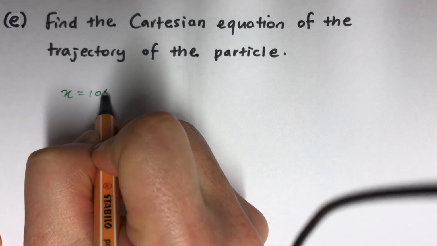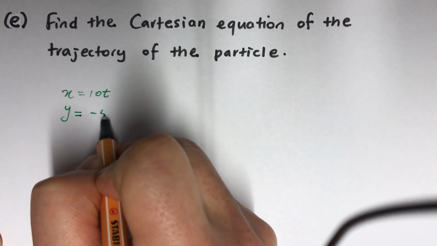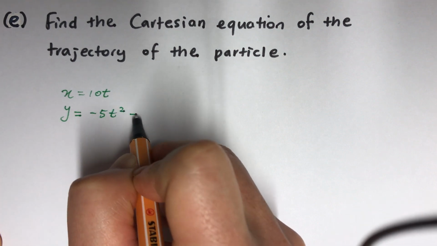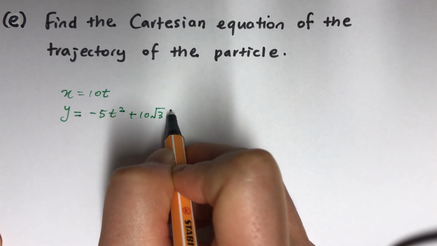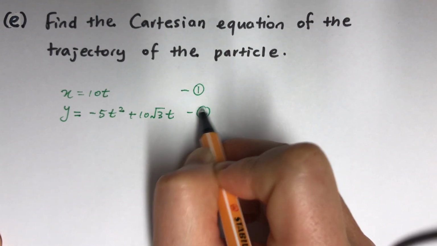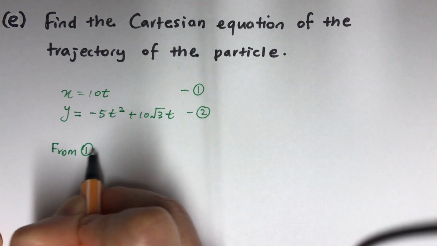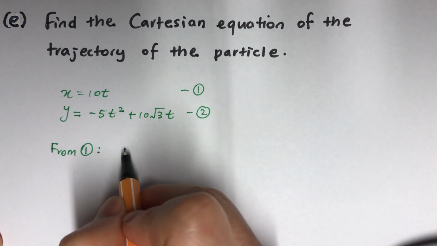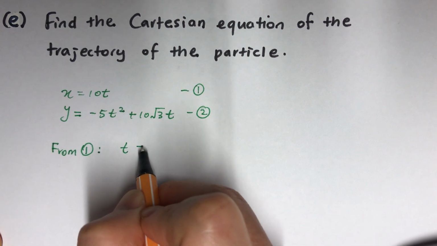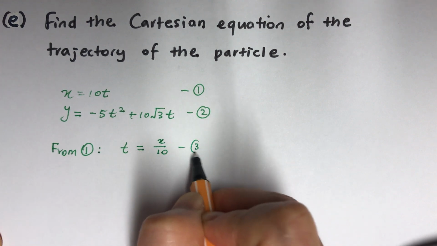X equals 10t from the previous information, and y equals minus 5t squared plus 10 root 3 t. So I'm going to call this 1, 2. So from 1, I'm going to make t the subject because I want to eliminate t. It'll be x over 10. I'm going to call this 3.